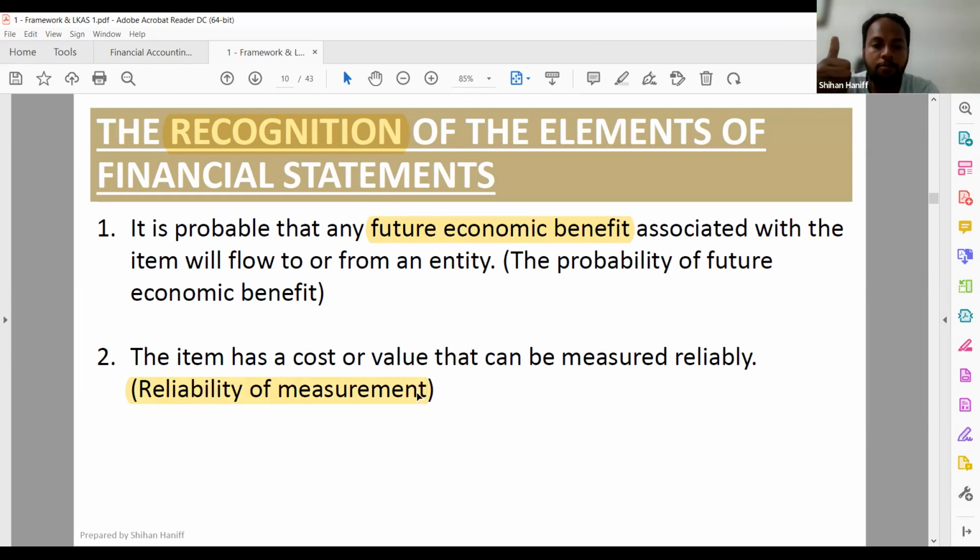One is future economic benefit, and reliable measurement. And if you want to recognize a liability, future outflow of resources and reliable measurement. Right? So those two we need to remember when recognizing the assets or liability.